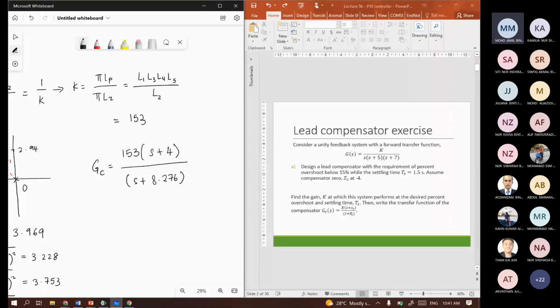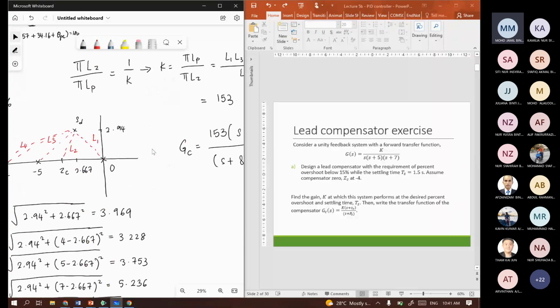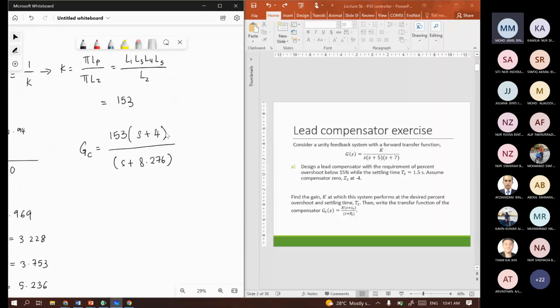Okay, so the calculation is quite straightforward, but you need to be careful in determining the length and also the angle. Okay. So any questions before we proceed with a new lecture? No, there.